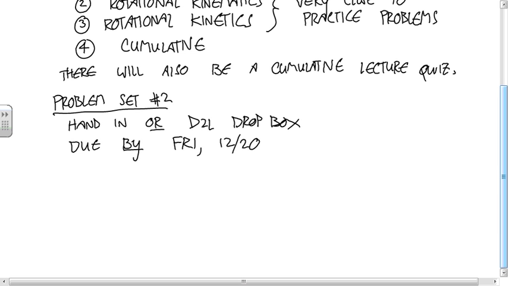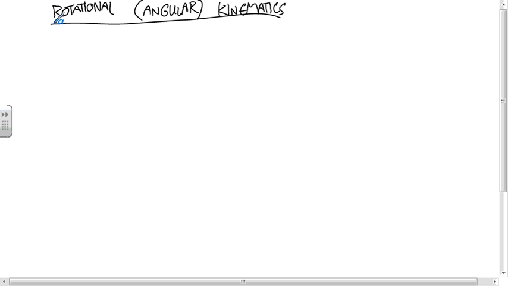Okay, so let's do rotational motion. So I'm going to start with kinematics. So rotational, you could also call it angular kinematics. And the deal is that until now in this class, we've treated objects as particles.